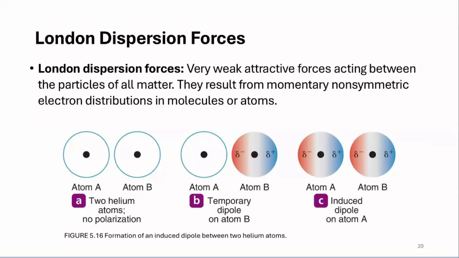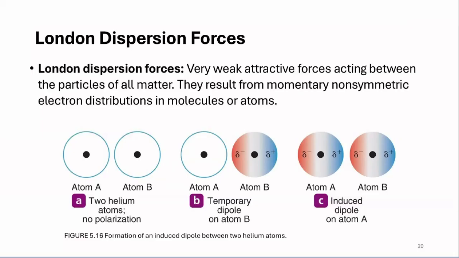For a moment, it creates a temporary dipole because the electrons are going to populate one side of the molecule. So in letter B, we can see how the electrons sit mostly on the left side of the atom. This means that the nucleus, which is where the protons are, is pushed towards the right of the molecule. And this creates, for a moment, a dipole.